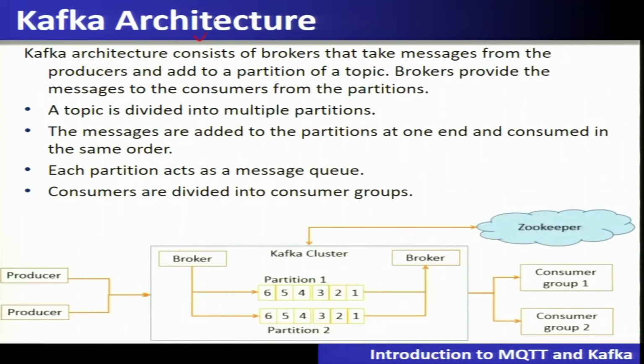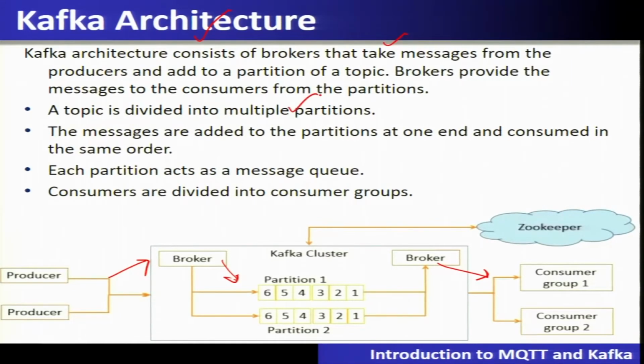So, let us go ahead with the Kafka architecture. Kafka architecture consists of brokers that take the message from the producer and add it to the partition of a topic. Brokers provide the message to the consumer from that particular partition.